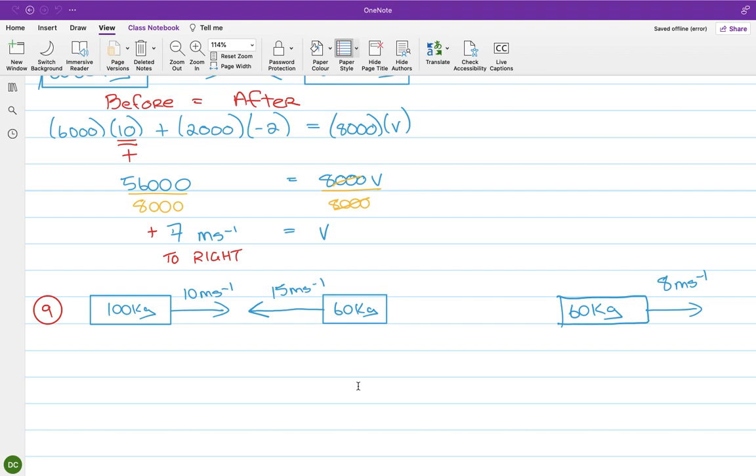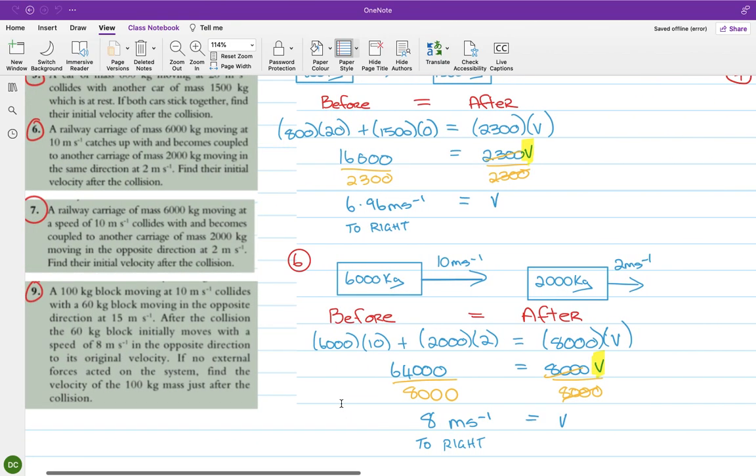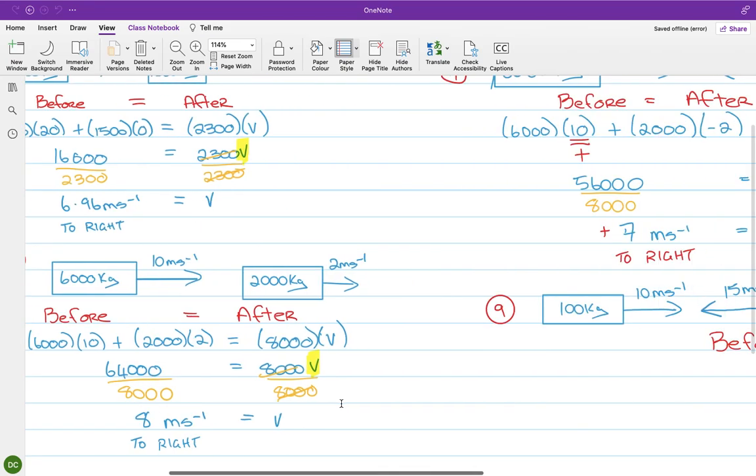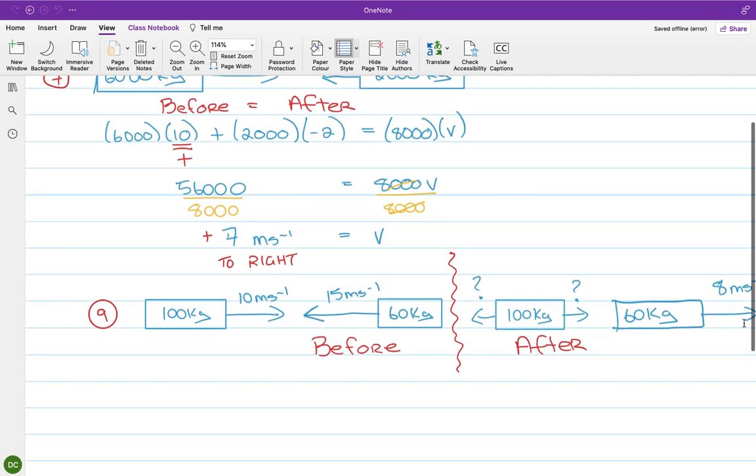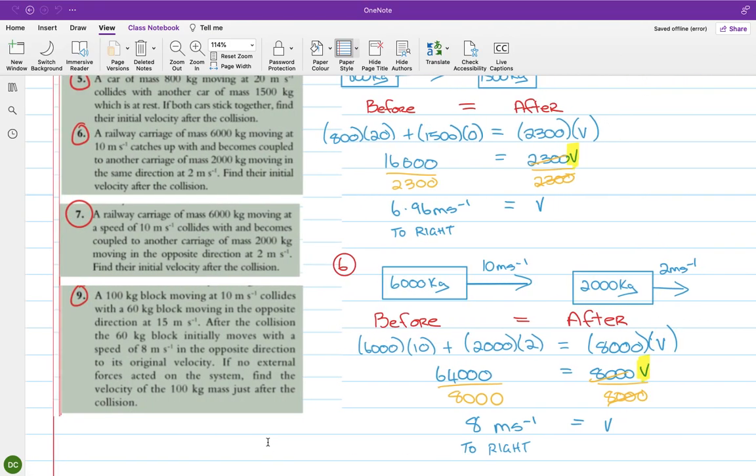And then the 100 kilogram, we don't know. So this side is before, and this side is after. Let me make sure I read that right. After the collision, the 60 kilo block moves 8 meters per second in the opposite direction to its original motion. So it originally went left, so it's going to go right. If no external force acts, find the velocity.